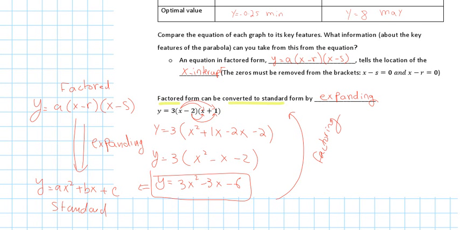Remember, we always have to learn the way back. I can't just learn how to get to the store; I have to get back home. So we're learning how to go between two forms.